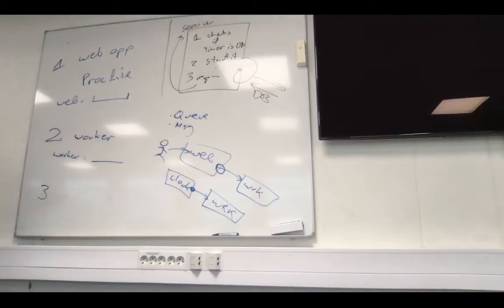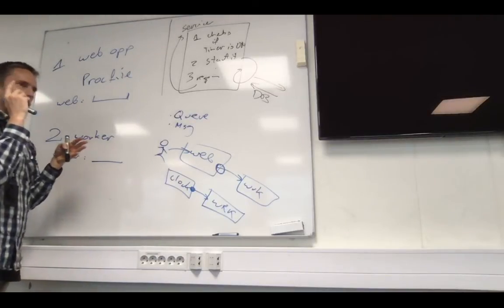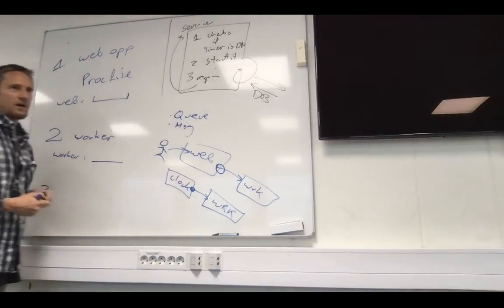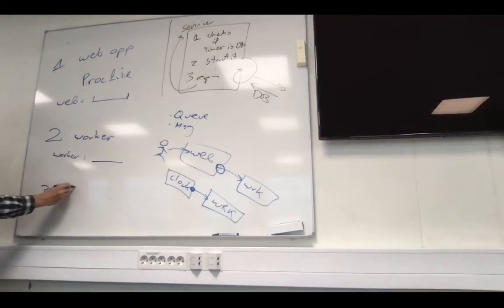And that's the case with us. So in assignment 2, what we want at least once a day is for the worker to check what's the current currency exchange from Fixer and store it in the database, right? So we really want this type of pattern, and this one is called clock.